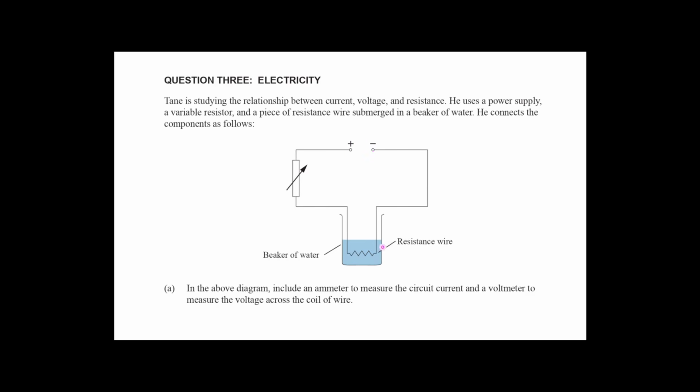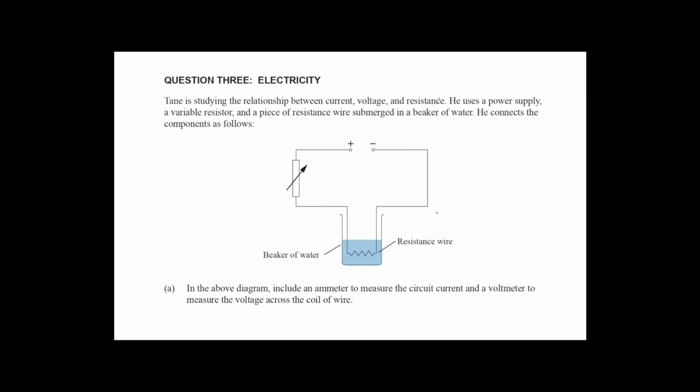And here we have the resistance wire, which I guess is a coil of some sort, which is submerged in a beaker of water. All right. And then it says in the above diagram, include an ammeter to measure the circuit current and a voltmeter to measure the voltage across the coil of wire.